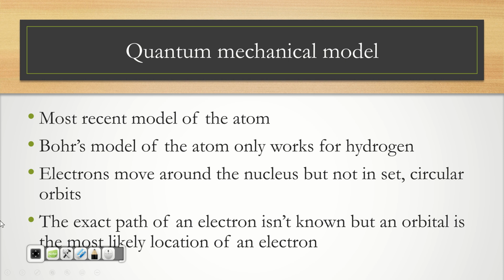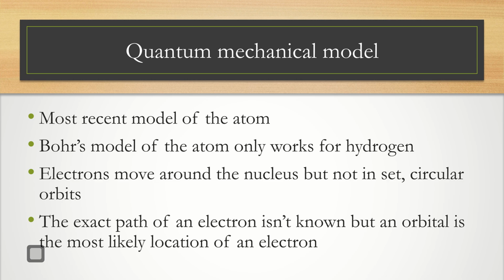Looking one more time at the modern model of the atom, the quantum mechanical model. We've been using the Bohr model as the clearest picture of the atom, where you have the nucleus and the electrons orbiting around the nucleus. Again, that only works well with the hydrogen atom because it's just one electron going around the nucleus.